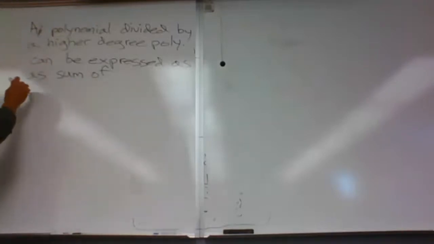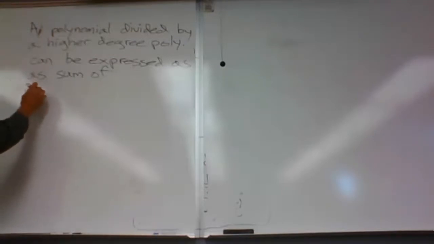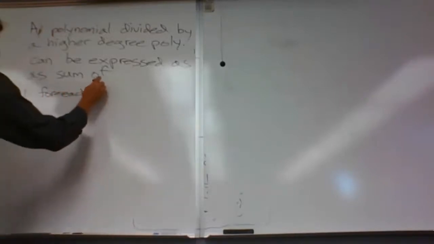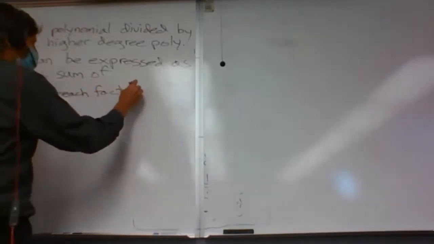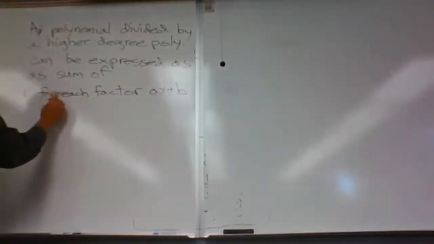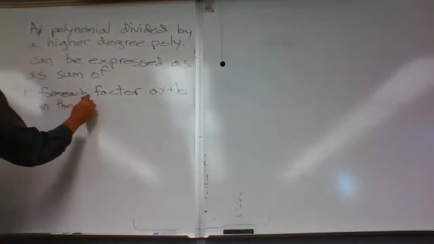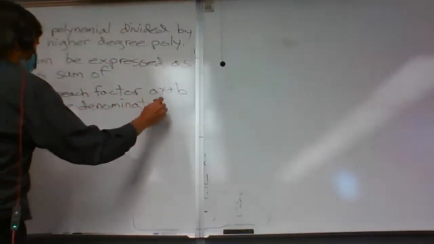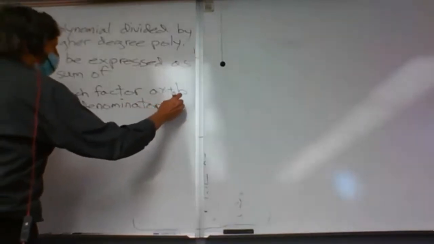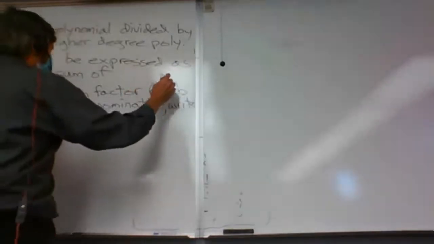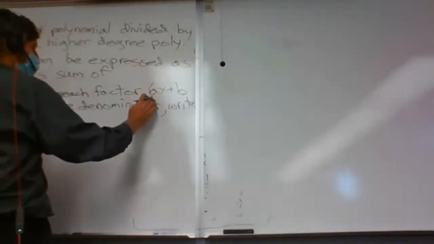be the same. One, you put in for each factor in the denominator that's a linear factor, ax plus b. You write ax plus b to the k, each linear factor to the k.